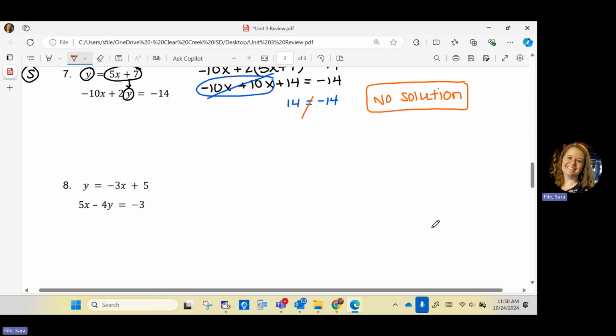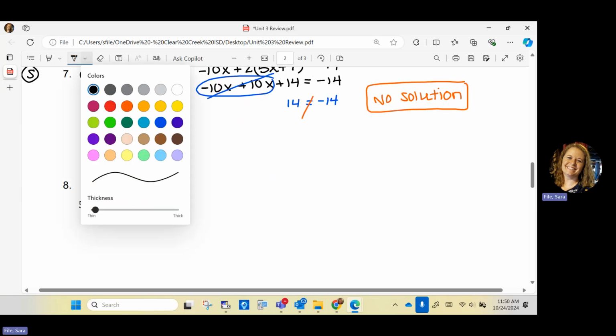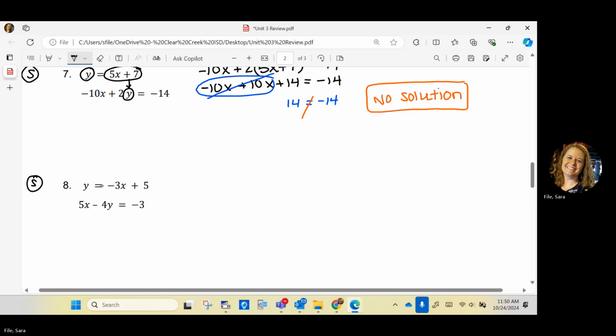All right, 8 is also set up nicely for substitution. Okay, y equals, so I'm going to replace y with that expression. So this will become 5x minus 4, and then instead of y, it's negative 3x plus 5. That equals negative 3. So on this one, when I distribute this negative 4, okay, 5x in front doesn't change.